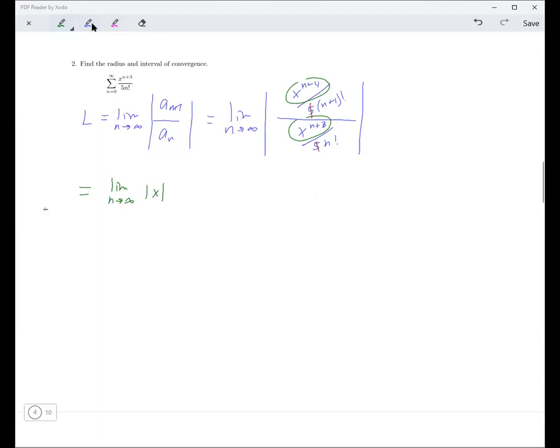And then you have this other part, where this n factorial goes up here, and the n plus 1 factorial goes down there. And that's going to be the limit as n goes to infinity of the absolute value of x over n plus 1, because (n plus 1) factorial over n factorial is just n plus 1. Now, no matter what x is, as n goes to infinity, this is going to go to 0.